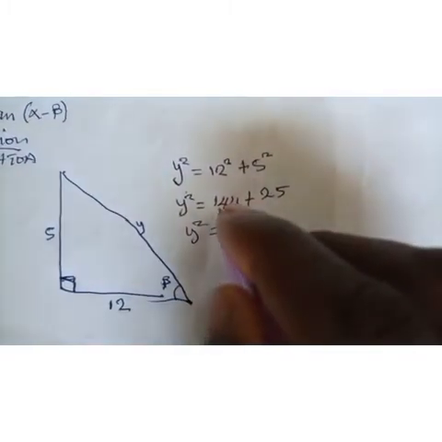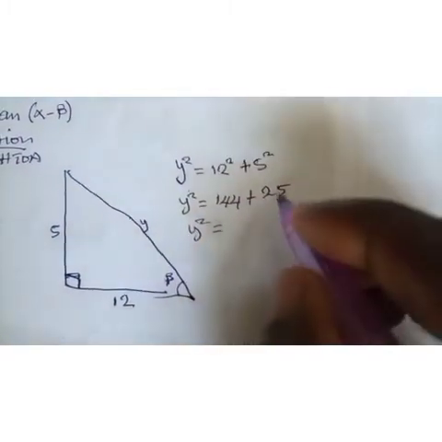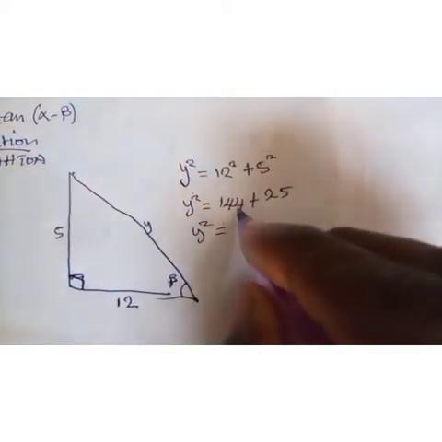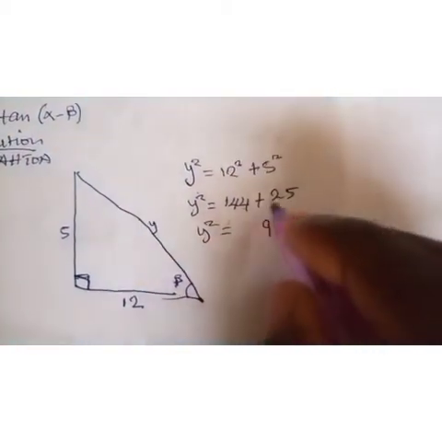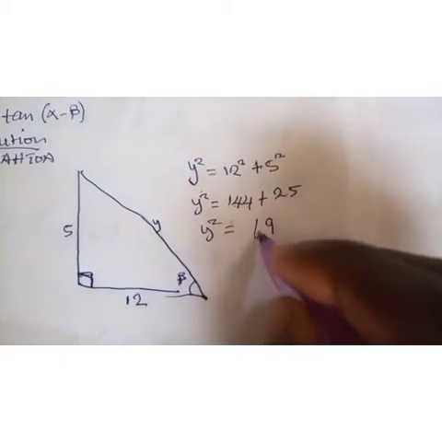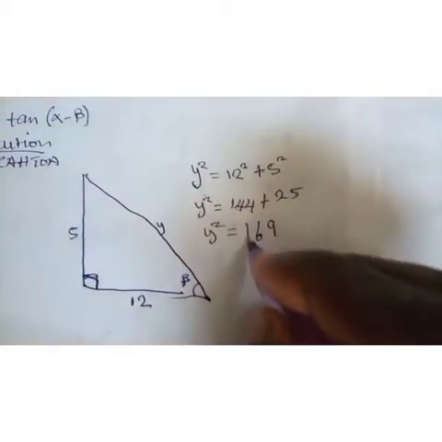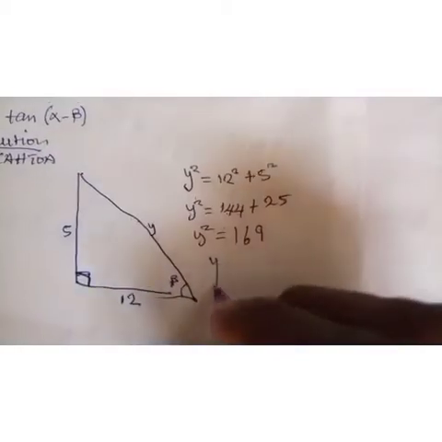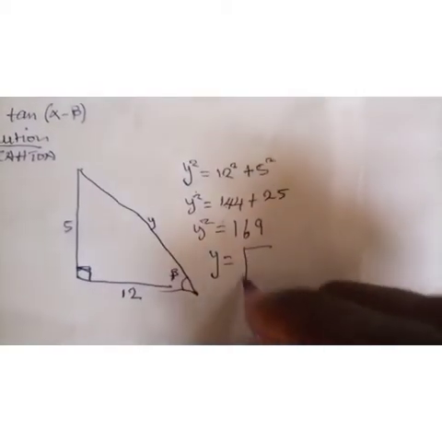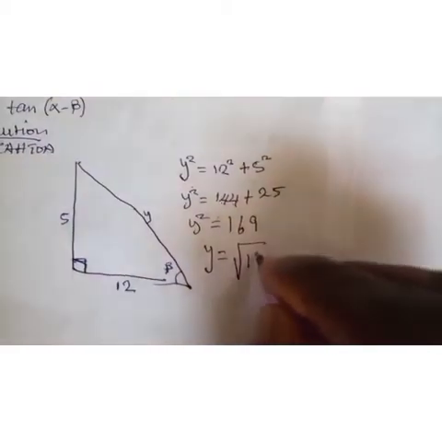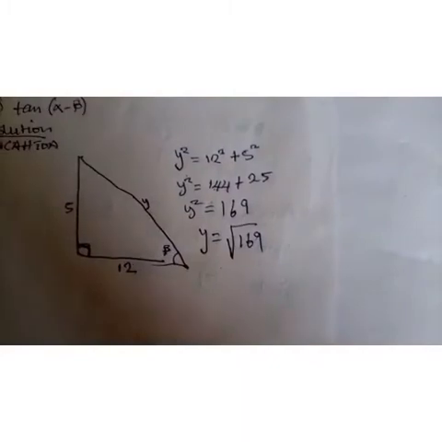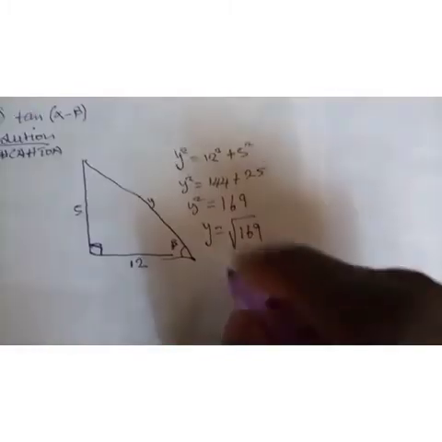So our y squared will be equal to, when you add this, 144 plus 25 gives 169. So our y will be equal to the square root of 169.